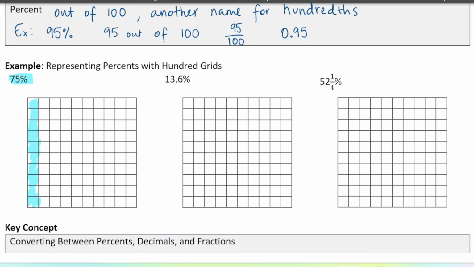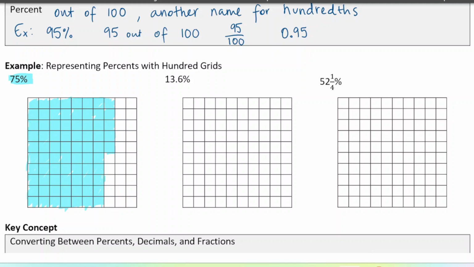There's a couple of ways we can do it, but I'm just going to color in 7 rows. 1, 2, 3, 4, 5, 6, 7. And then 5 squares. 1, 2, 3, 4, 5. So that there is 75% of the grid colored in.